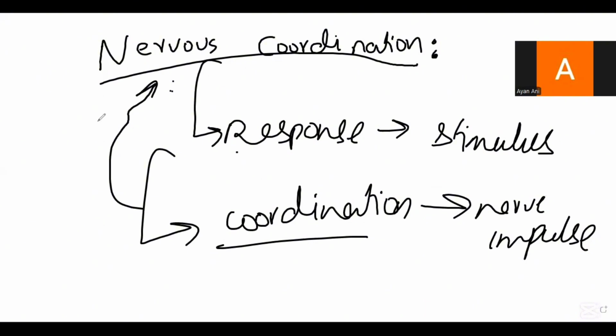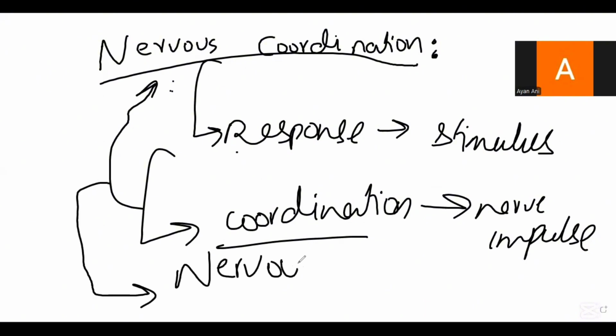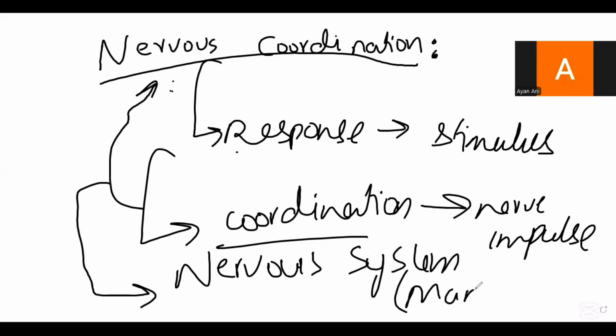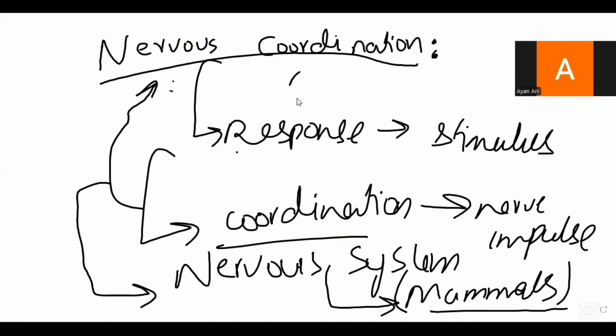The main system responsible for nervous coordination is our nervous system, which is present in all mammals. We cannot say all living organisms because there are plants, and plants do not have a nervous system. So the nervous system is present in all mammals, and the most complex nervous system among the mammals is the human nervous system.